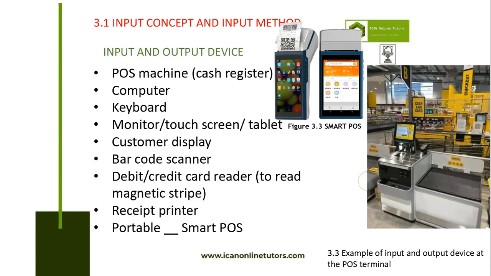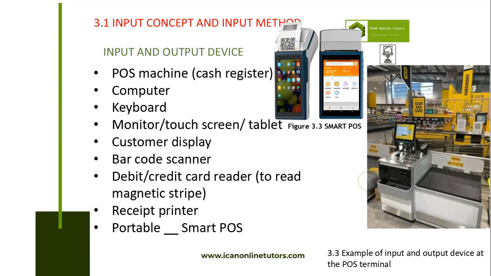You can also have a customized display, your barcode scanner, a debit card reader to read your magnetic strip, a receipt printer, and a portable smart POS. Now looking at the image on 3.3, which shows the example of devices at a POS terminal, all the devices I've mentioned are in one way or the other accepting input.